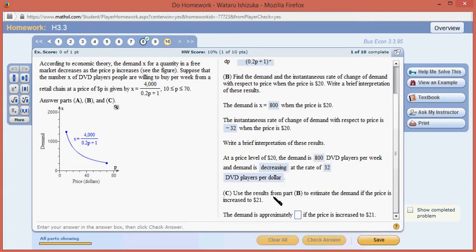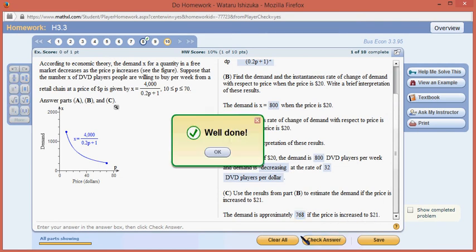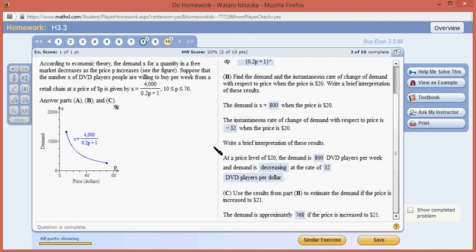If you increase the price by $1, the demand is going to decrease by 32, so it's 800 minus 32, which is 768. Let's check that if the price is increased to 21. We got that, and that's it. I hope that this was clear.